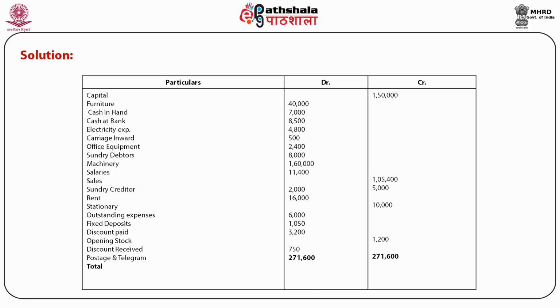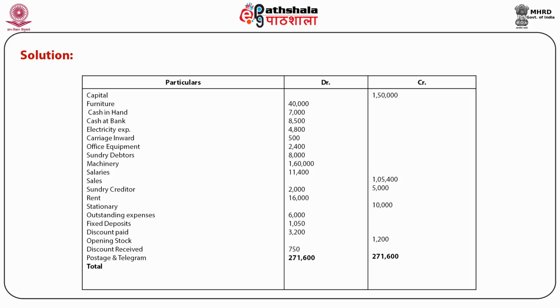Sundry creditors are also shown on the credit side, rent on the debit side, stationery on the debit side, outstanding expenses on the credit side, fixed deposit on the debit side, discount paid debit side, opening stock debit side, discount received credit side, postage and telegraph debit side.